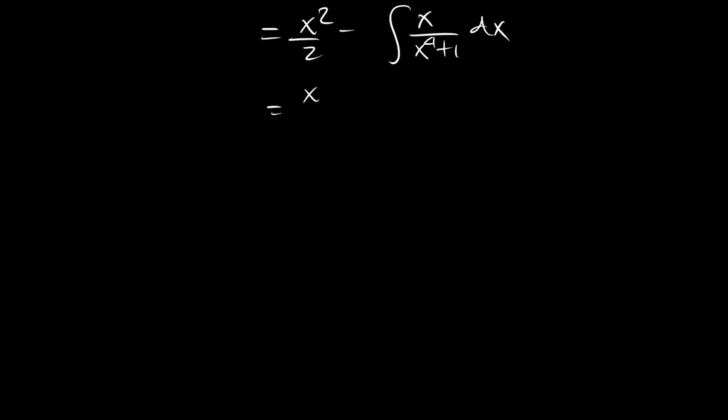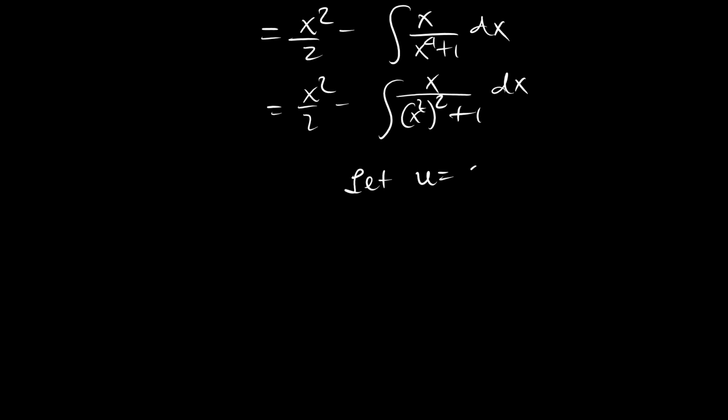And how we could work on the second one, we'll just say this is the same as x squared plus 1. And for the second one there, we can say let u be equal to x squared, meaning that du dx is equal to 2x. And so half of du can be used to substitute for x dx.